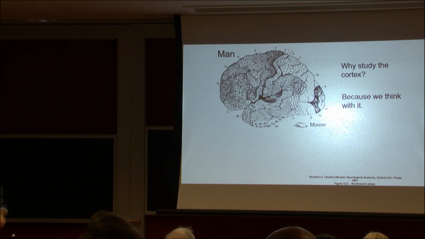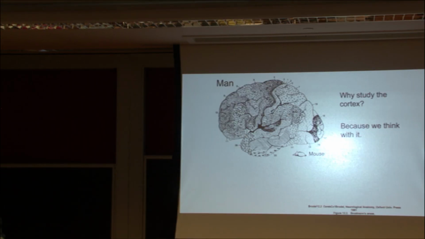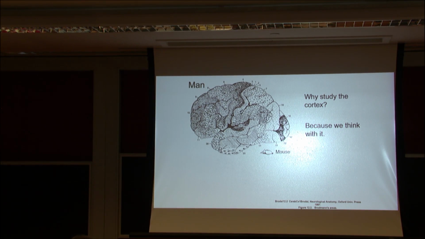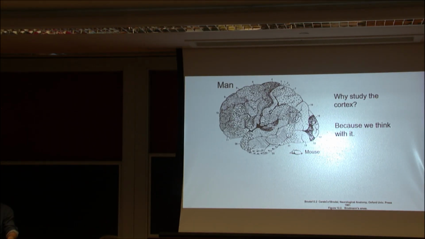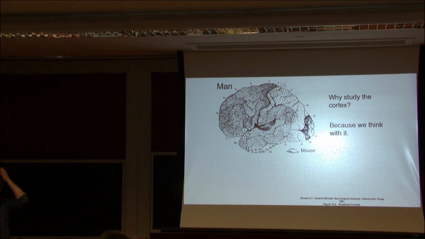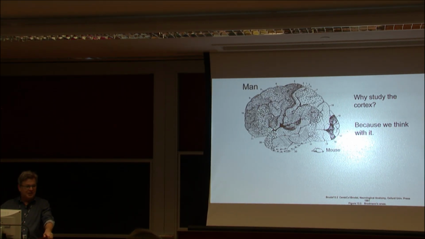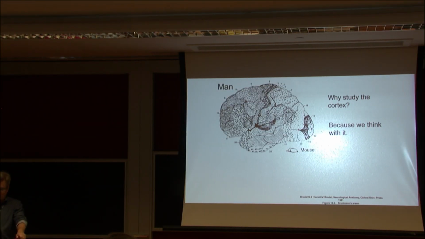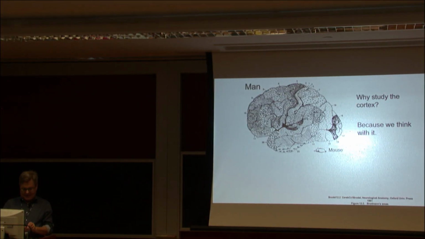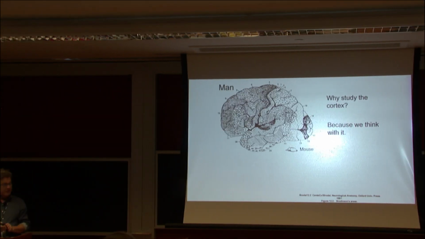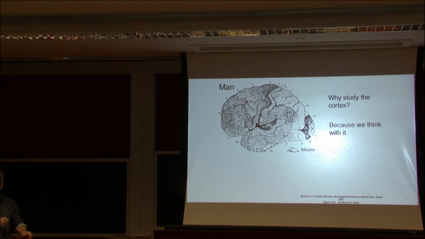I study primarily the cerebral cortex, which, again, a bit of remedial, I'm sure you all know this. The cerebral cortex is the shell of cells and connections on the outside of mammalian brains. In the human brain, they're pushing 100 billion neurons in the cerebral cortex.